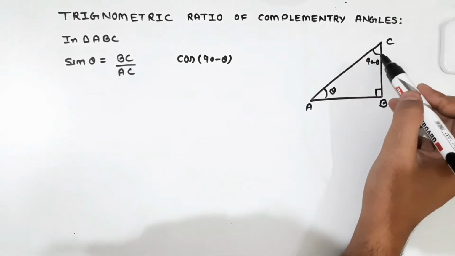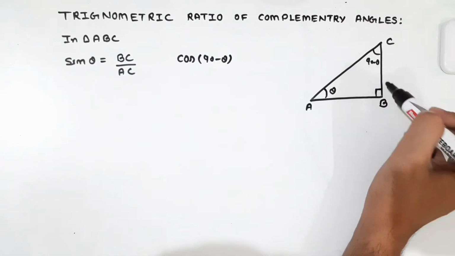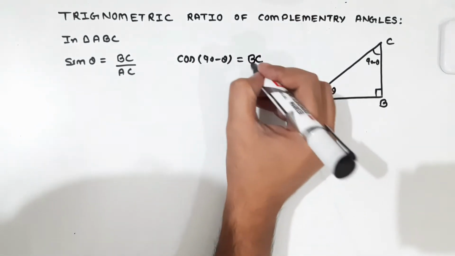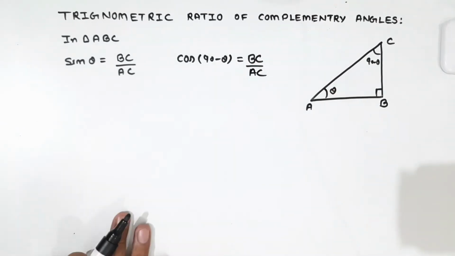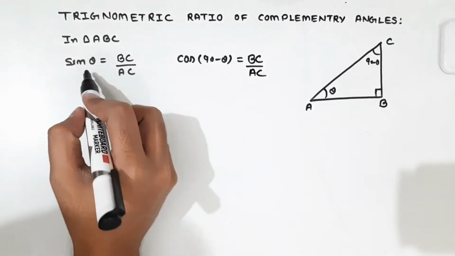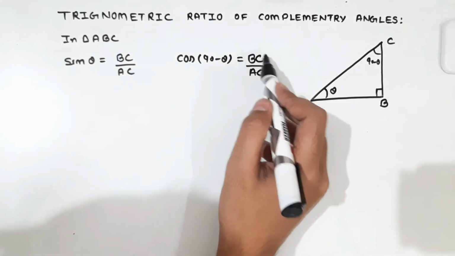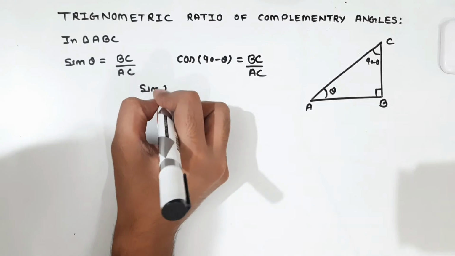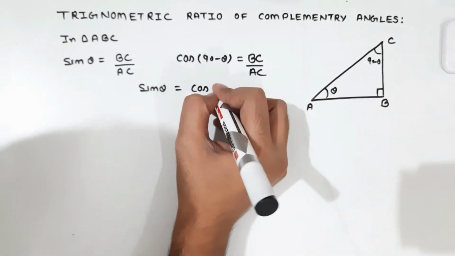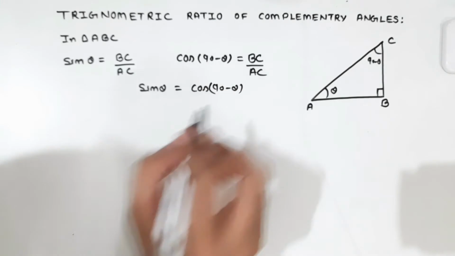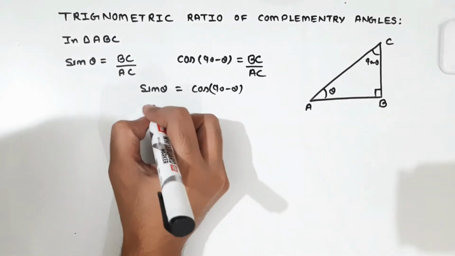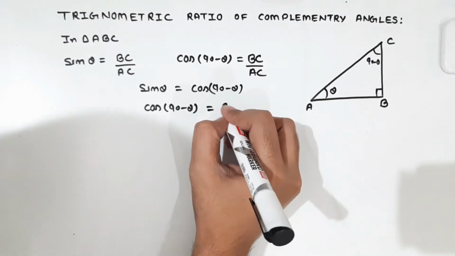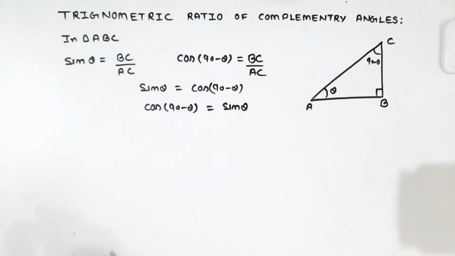So with respect to angle C, 90 minus theta, base will be BC and hypotenuse will be AC. So from here we can conclude that sin theta is BC upon AC and cos 90 minus theta is BC upon AC. So sin theta will be equals to cos 90 minus theta, or we can say in another way, cos 90 minus theta will be equals to sin theta.